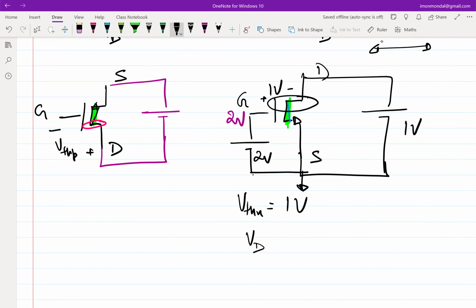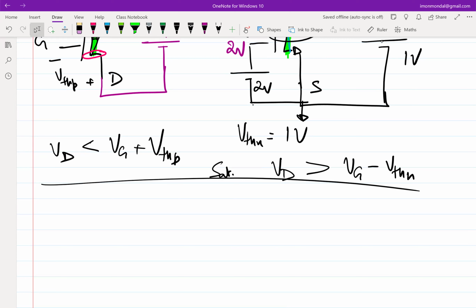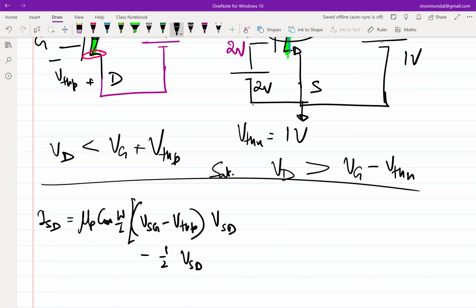Once in linear region, that is, you keep on decreasing VD in case of an N MOSFET, and you keep on increasing VD in case of a P MOSFET, the equations become: ISD in the linear region is mu P Cox W over L times VSG minus threshold voltage times VSD minus half VSD squared. Similarly, the equation is easy to remember because everything gets flipped.